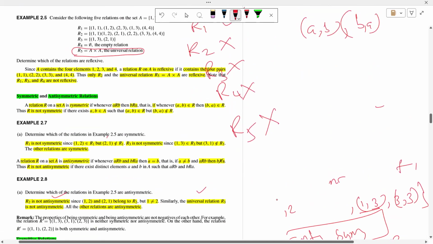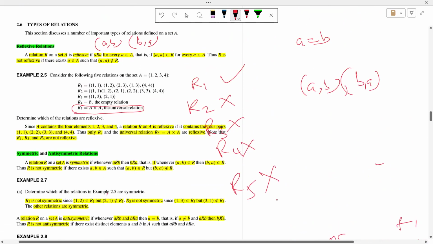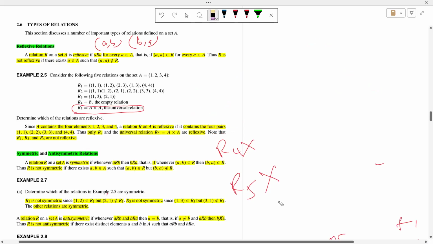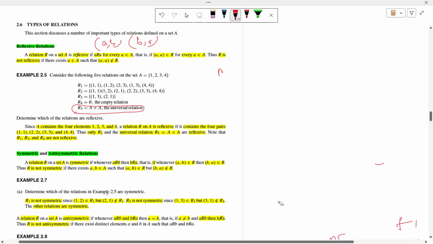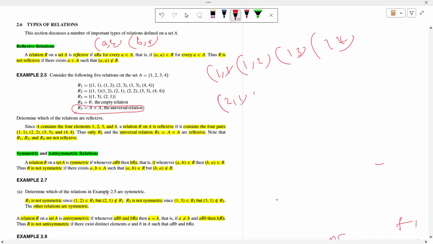There's a small mistake here. R4 is an empty set, so there are no elements. R5 is not antisymmetric. Why? We have the pairs 1 comma 1, 1 comma 2, 1 comma 3, 1 comma 4, then similarly 2 comma 1, 2 comma 2.